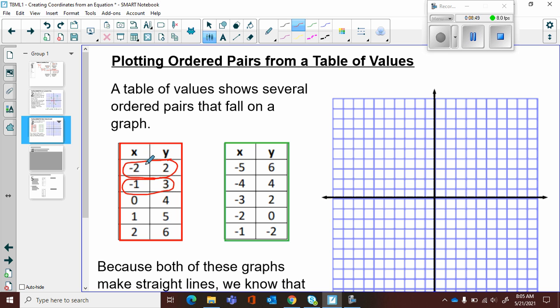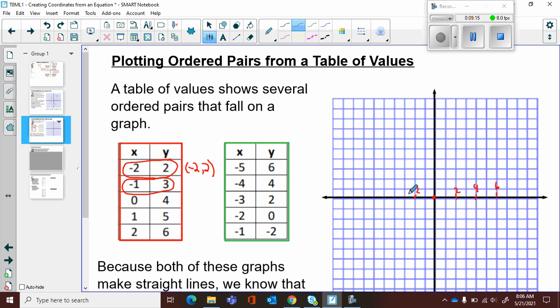So let's plot these. So x, I've got -2 and y 2. So my ordered pair is -2, 2. So starting here, I should maybe label some of these. I'm going to count by 2s. 2, 4, 6. I think that's as high as we go.